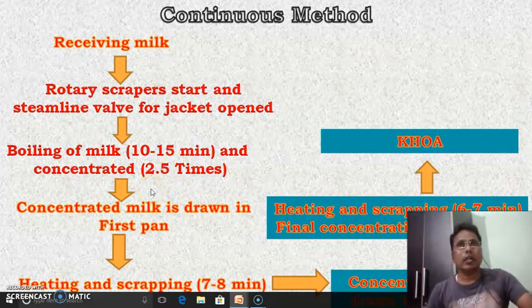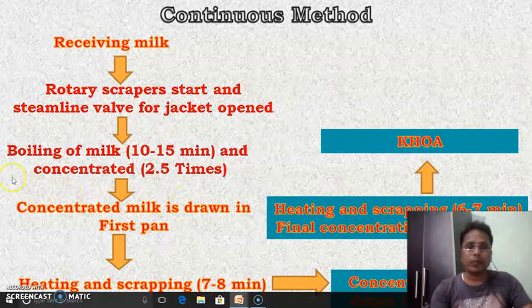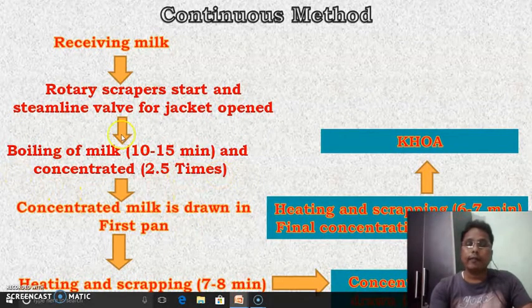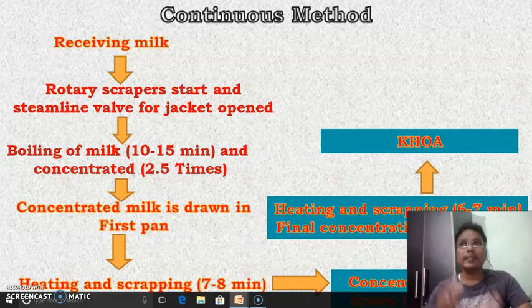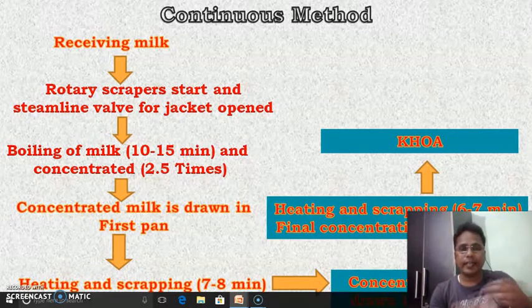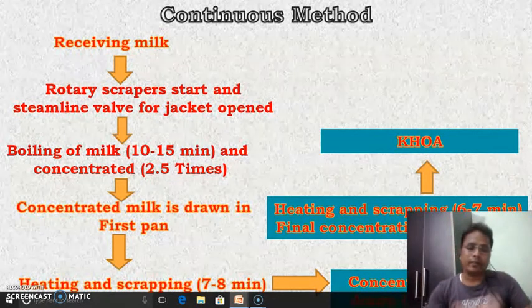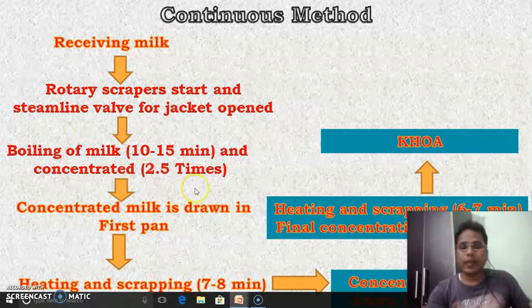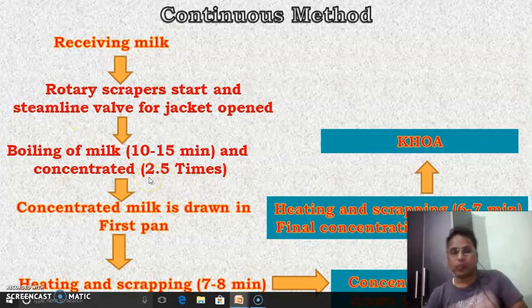If we have taken 1 liter of milk, then when it is boiled and concentrated, the quantity should be reduced to less than 500 ml, that is, between 400 ml and 500 ml. This is called 2.5 times concentration.